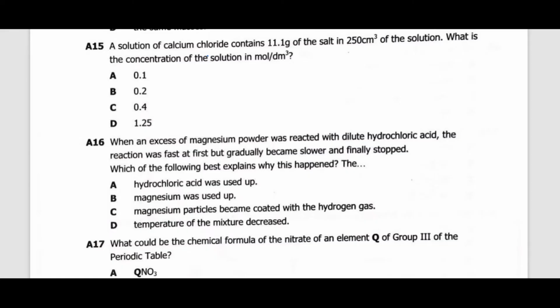We know that concentration is equal to number of moles divided by volume. So we have the volume, but we don't have the number of moles. So let's look at the number of moles. Number of moles is equal to mass over molar mass. So we have the mass, 11.1 grams, then the molar mass.